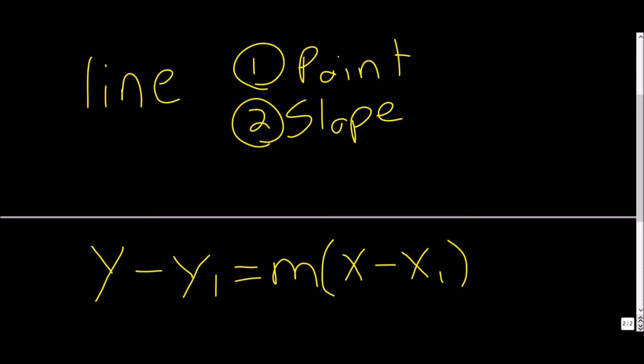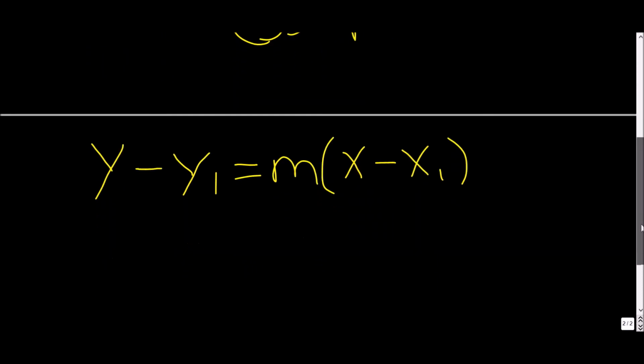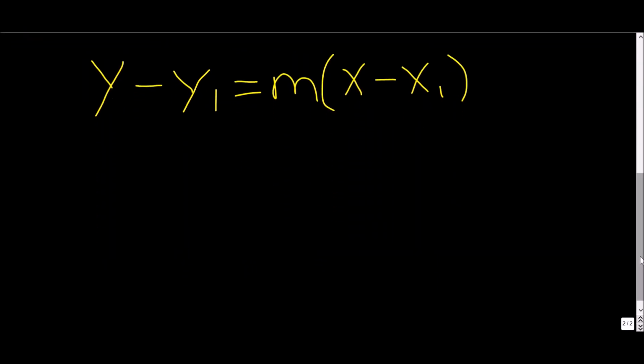Now, one thing that they also ask is, what happens if we have lines where we want to see if they intersect? So let's say we have a couple of equations. Let's say we have, so hold on a second, let me write this down. So if we want to see where they intersect, if you ever want to see where anything intersects, so let's say we have 2 equations.